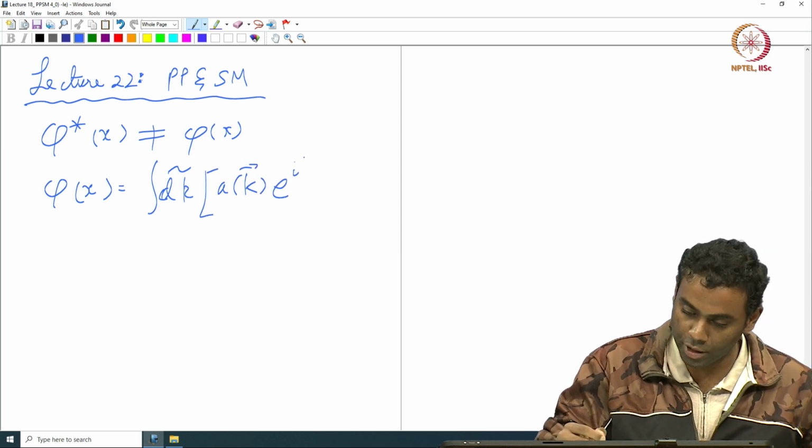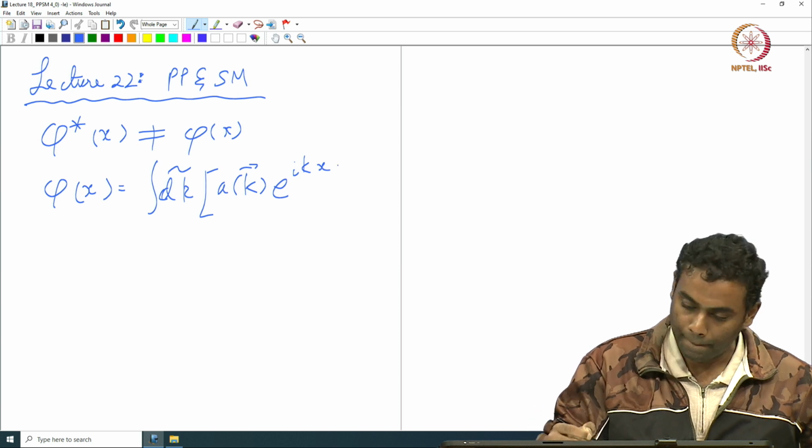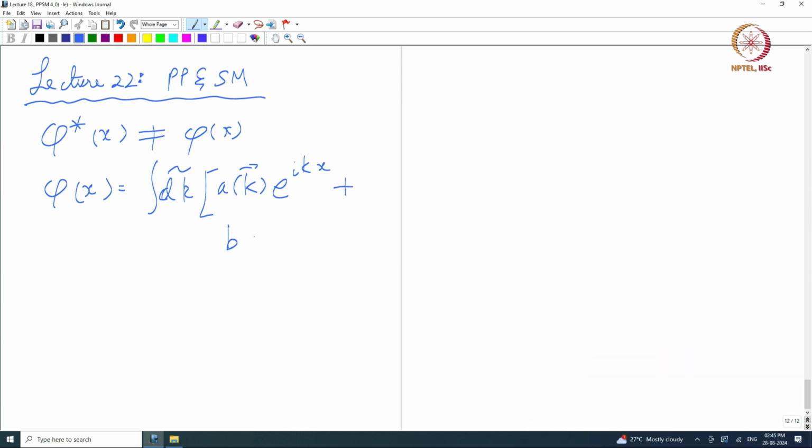I am not going to go back to the very first step, but remember we started with two different operators A and B, and only when we imposed phi equals phi star, we got this condition, B star of minus k.